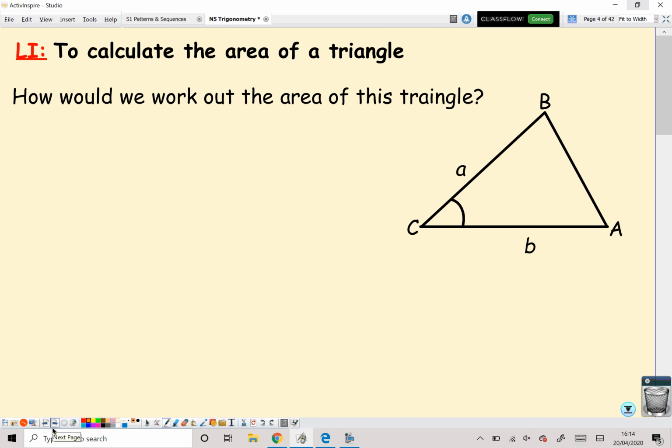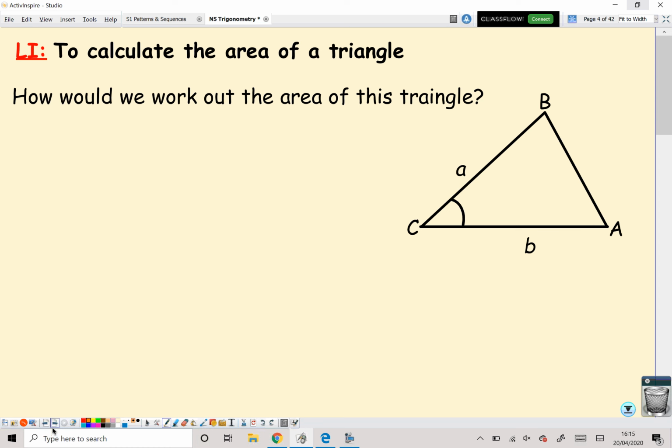Let's have a look at this question here. Now, what you could do is pause the video and have a wee think about this question. How we work out the area of this triangle, just given the information that's there. Now, that's quite tough to do, but you might want to pause the video and give it some thought. What I'm going to start off with is a proof.